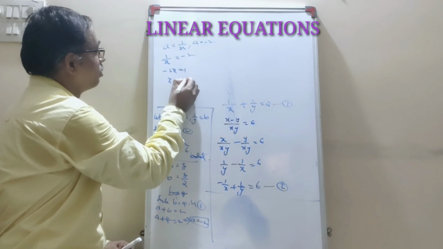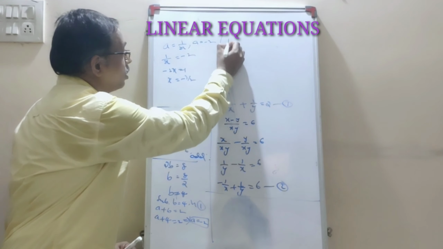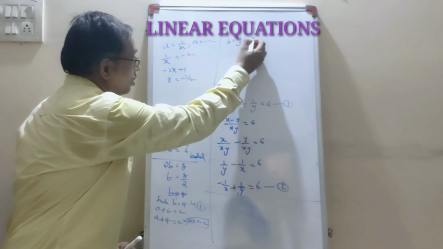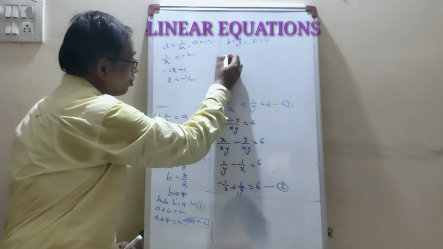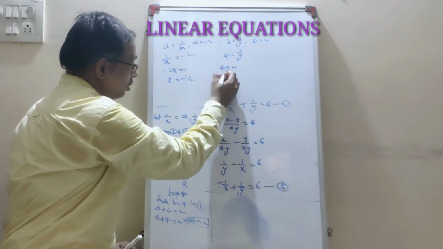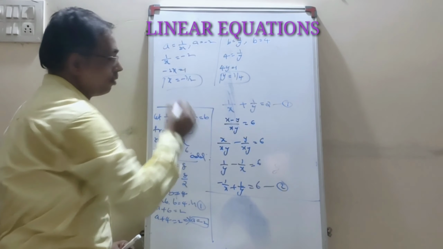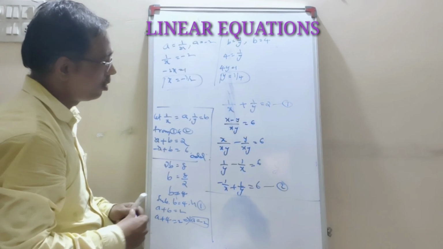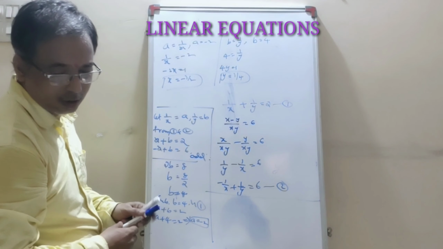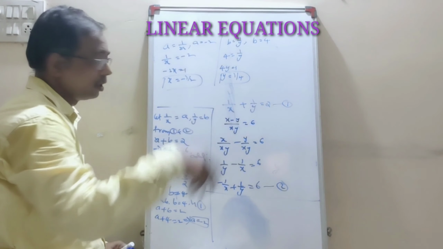Then x = −1/2. And next, the b value is 4, and we assumed it as 1/y. Substitute here, 4 = 1/y. Cross multiplication, 4y = 1, and y = 1/4. So like this, we can do this elimination method for 2 marks purpose. Okay, I will give some more sums on the screen itself.